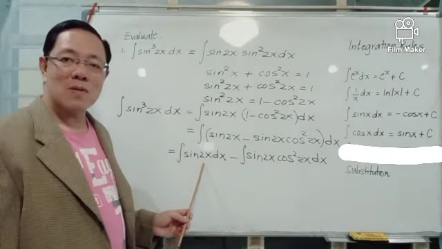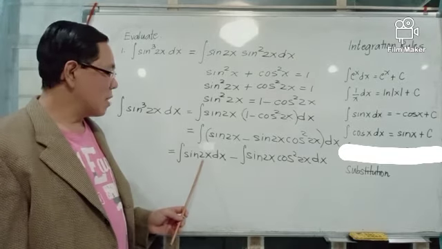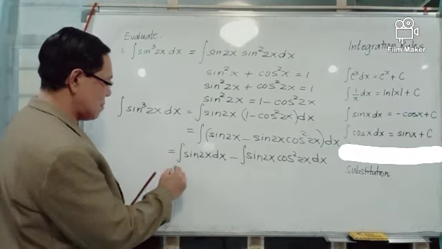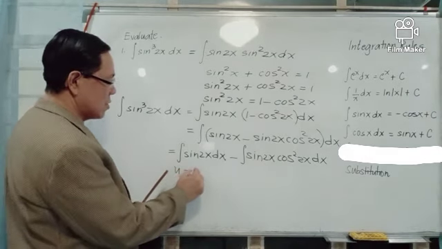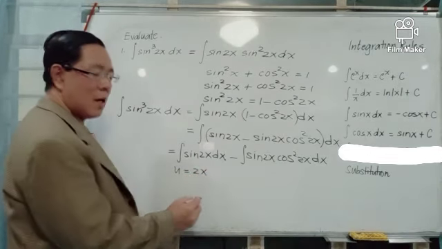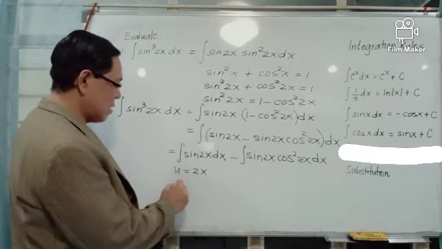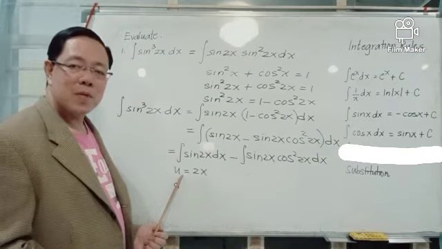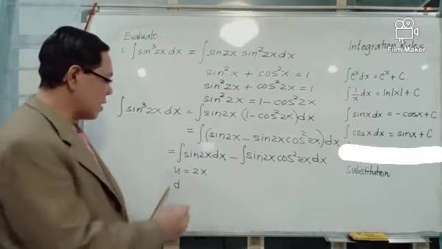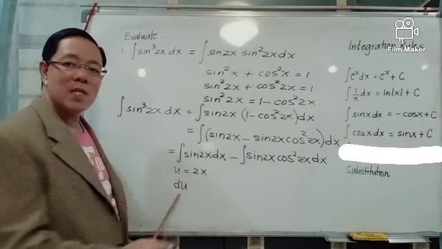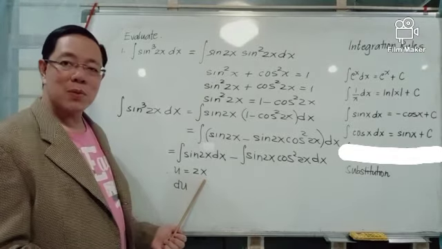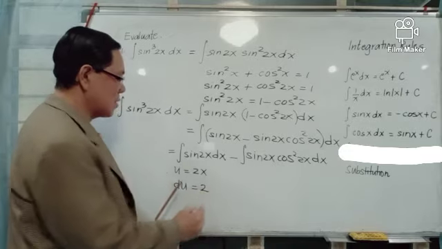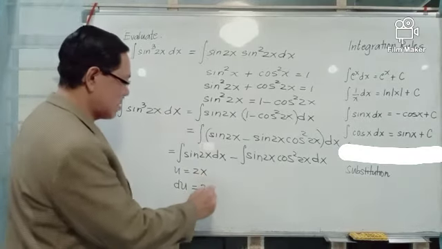Hence, we will use substitution by letting u equal 2x, and we differentiate both sides. The derivative of u is 1 multiplied by du. The derivative of 2x is 2 multiplied by dx.